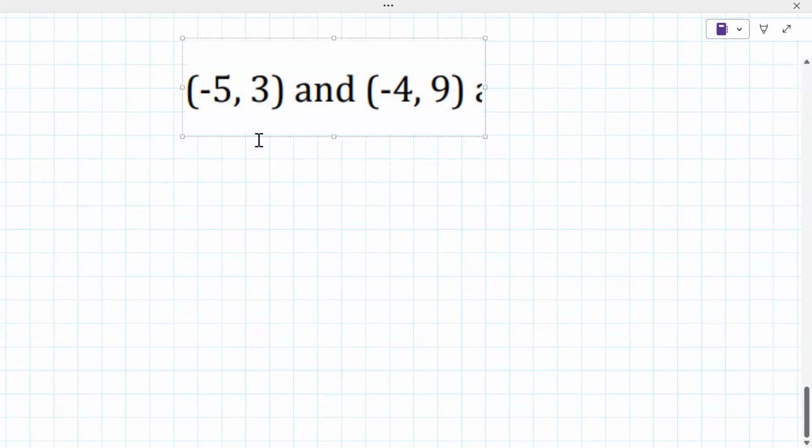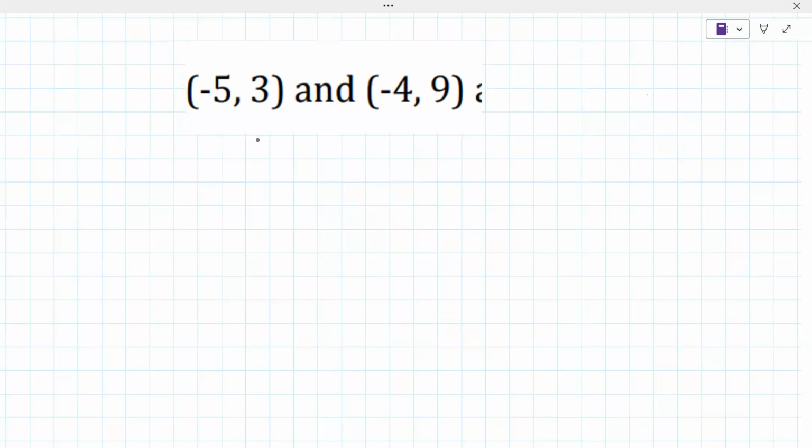All right. Go ahead and find the slope between those 2 points, please. Six over negative 9.